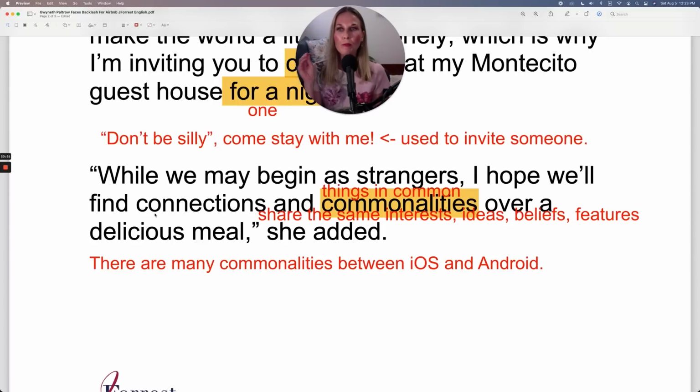I hope we'll find connections and things in common. So things in common, commonalities, this is when two people or two things share the same interests, ideas, beliefs, or features. Now, notice I said two people or two things, because if it's things, then they could share the same features. For example, there are many commonalities between iOS and Android.